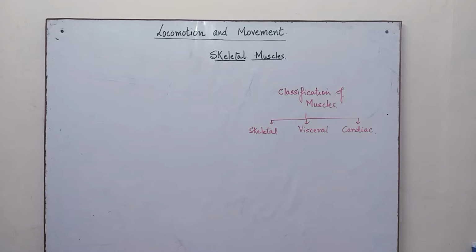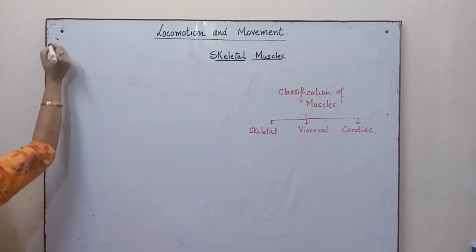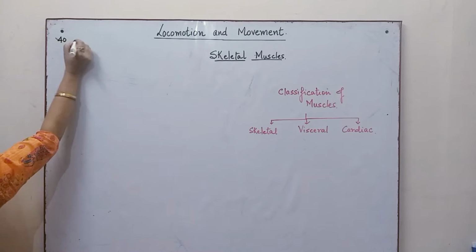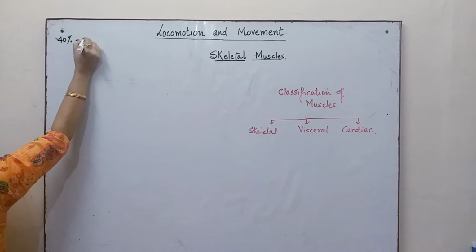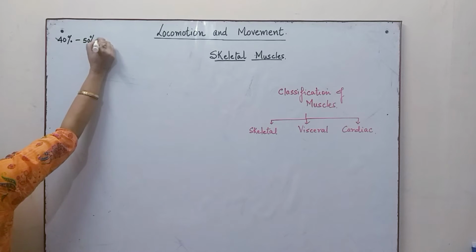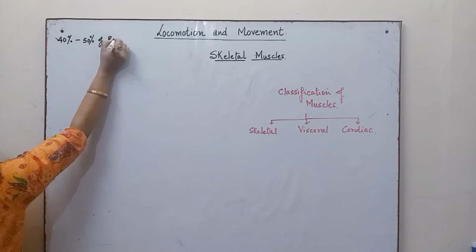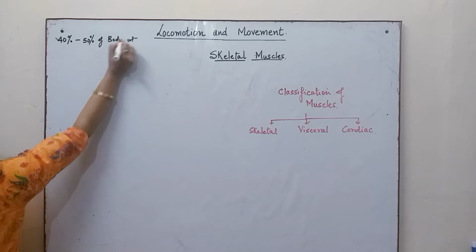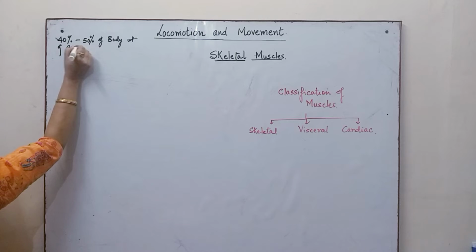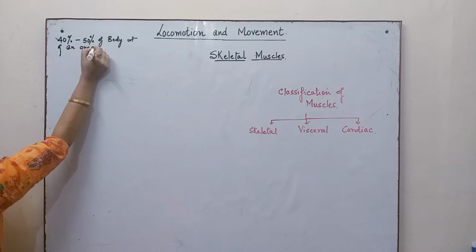So we start with the skeletal muscles. First, let us introduce ourselves to why and how the muscles are important for us. Now, when we talk of organisms, around 40% to 50% of body weight of an organism is muscles.